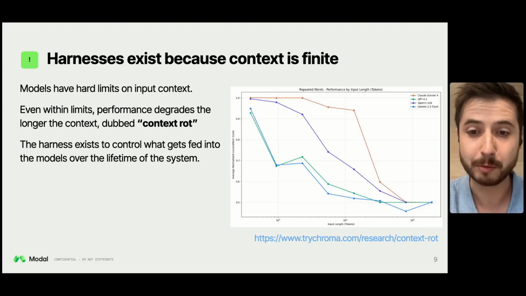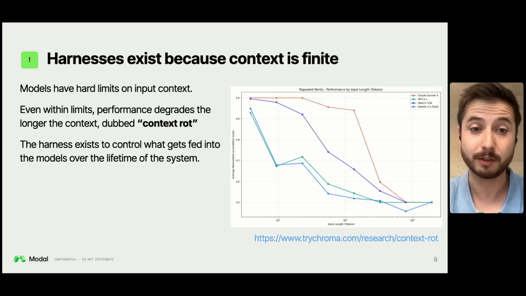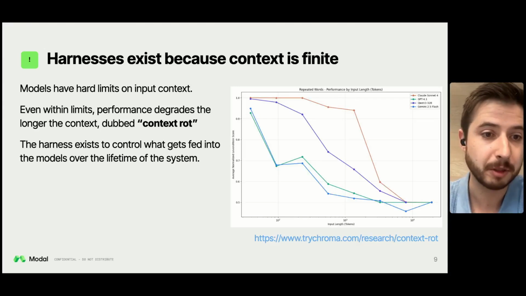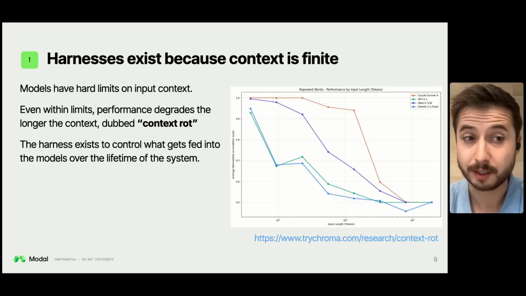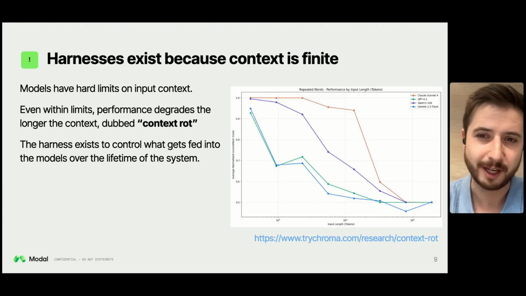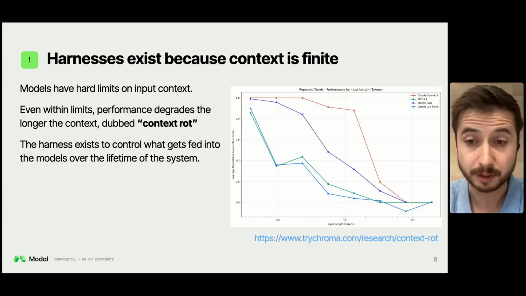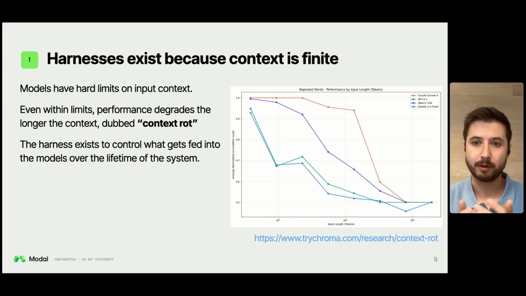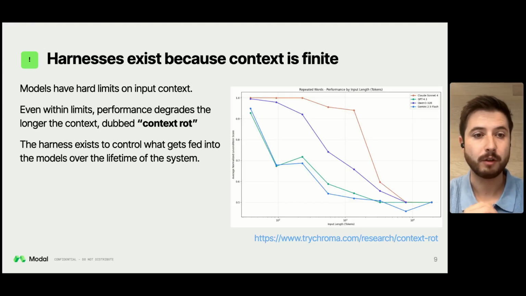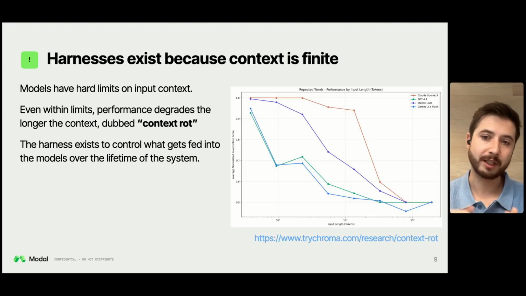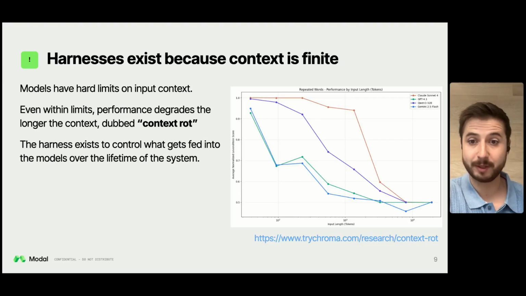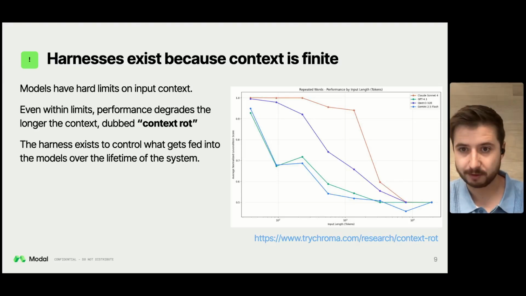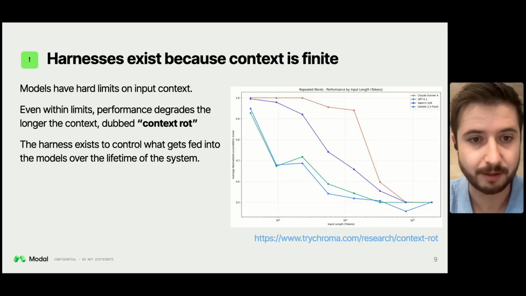There's a team from Chroma, you can check out the link at the bottom right there, that did some studies on this, and they termed it context rot, which I think is a good term. Context rot is when your context is so bloated that you start losing accuracy, or precision and recall, on the corpus of the context itself. So the point of a harness is to control what gets fed into the LLM to make sure that the LLM is only acting on the context that it genuinely needs in this exact moment, so that we don't hit this context rot.